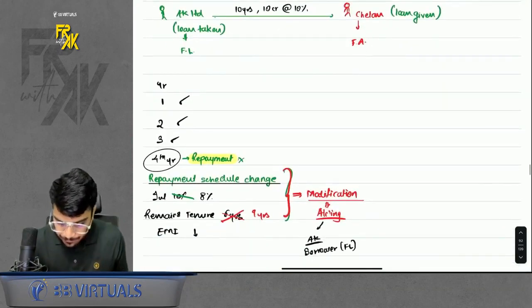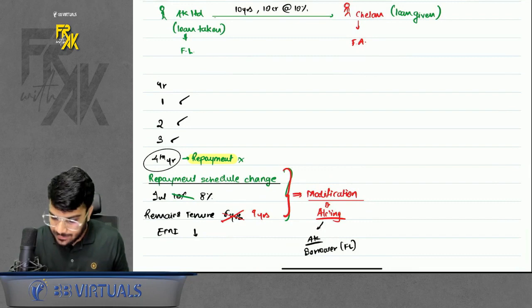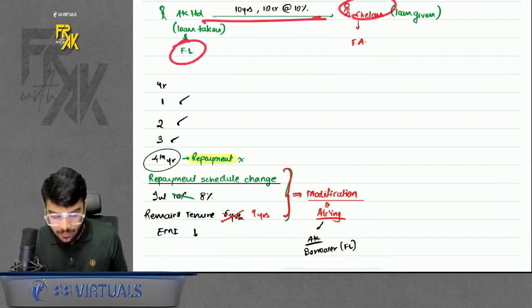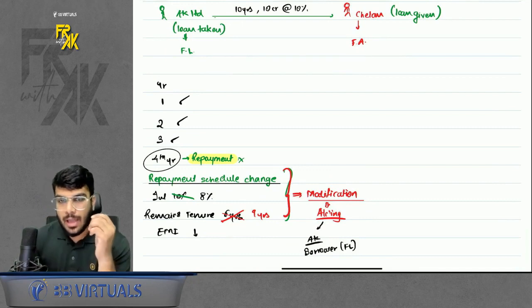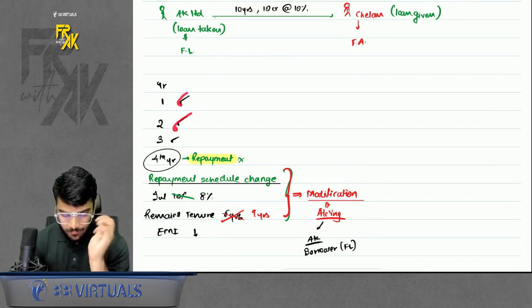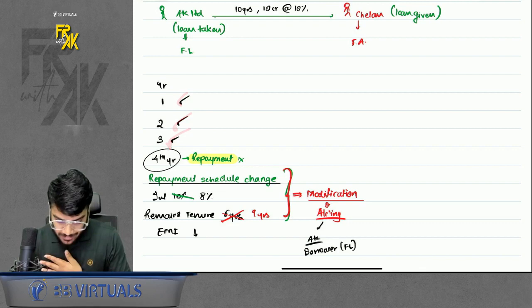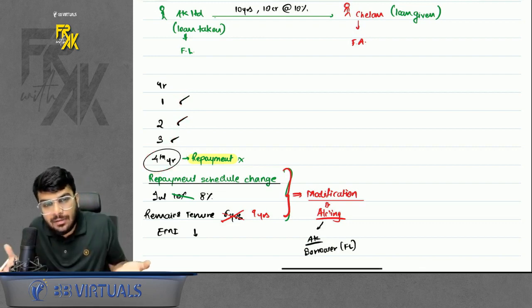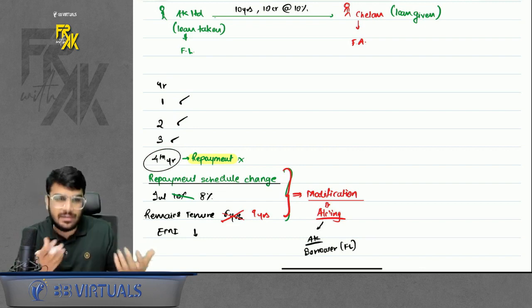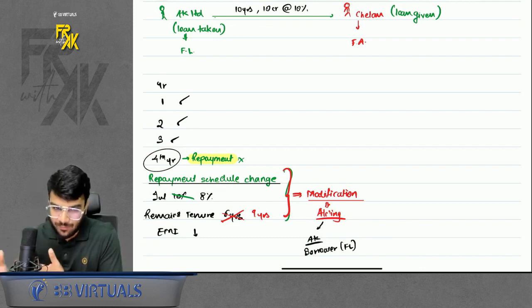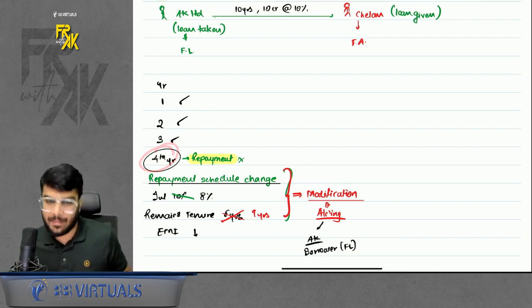Let's say, for example, this is AK Limited and this is Chetan Limited. I took a loan from Chetan, so for me it is a financial liability. Now let's assume I made repayment for year 1, year 2 and year 3. In the 4th year, I got committed. When you get committed with a girlfriend or boyfriend, you don't have funds; you only have funds to give gifts. Now I don't have funds to make the repayment.